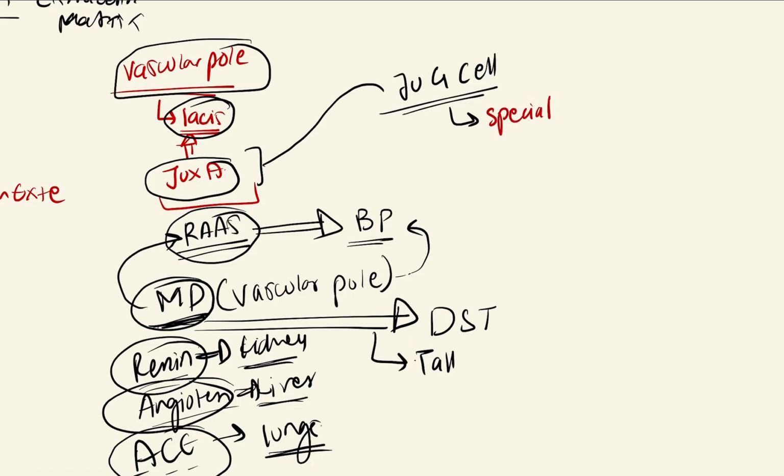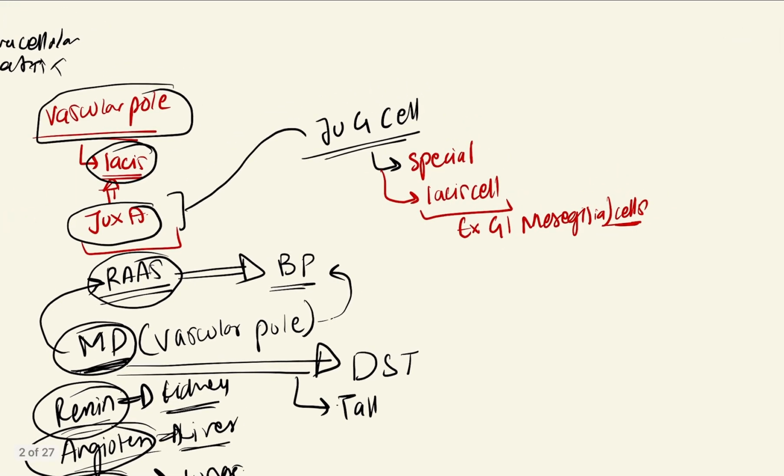And again there is presence of lacis cells here as well, and these lacis cells are also called extraglomerular mesangial cells. Okay, simple. And these juxtaglomerular cells have secretory vesicles.